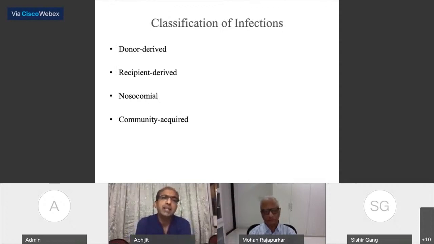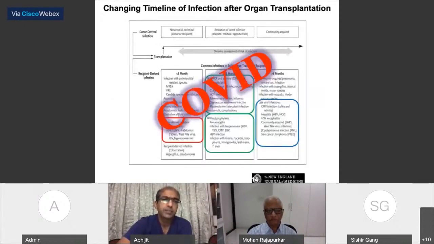Classically, the infections may either arise from the donor, usually a deceased donor, because live donors usually are screened. The recipient derived, where they have been harboring in the recipient's body. Nosocomial, meaning the environment surrounding the donor and recipient. And finally, community acquired.